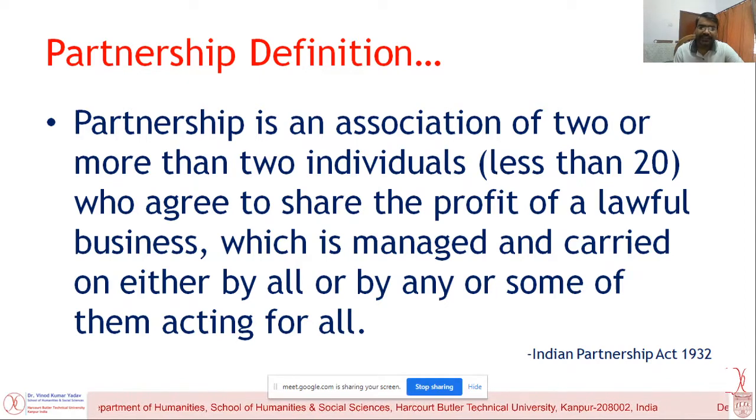Suppose 19 students come together to make a startup, they get a successful prototype, and then they make a partnership firm. It may be that one or two students are very active and the rest, 17 students, are not active. It is assumed that all 19 students have mutually agreed upon the partnership firm through a partnership deed, which is a document.